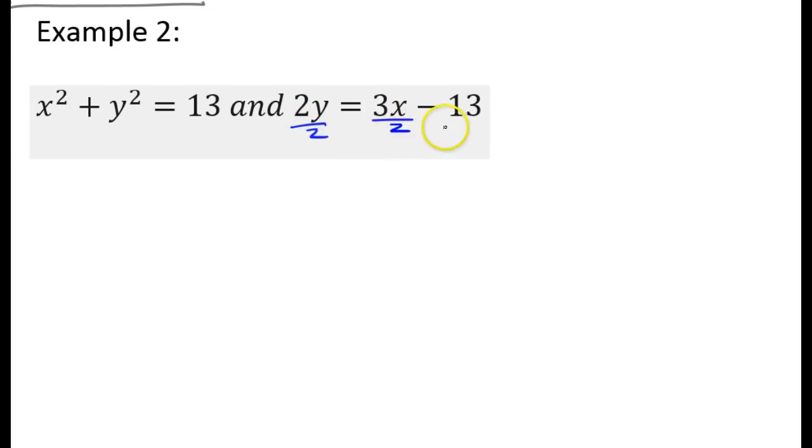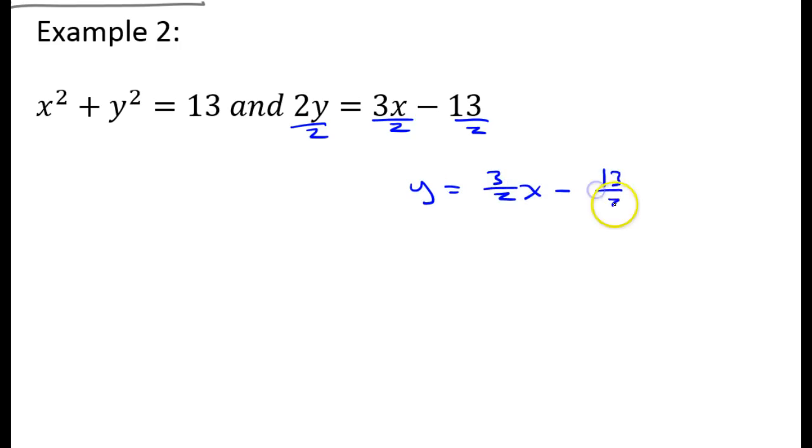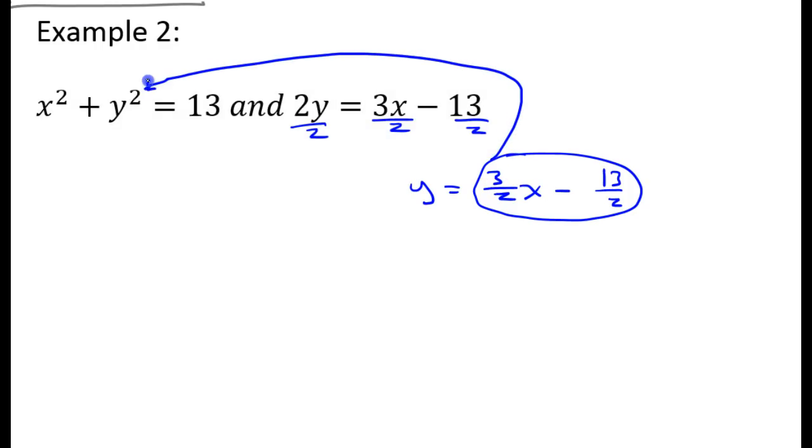So if I divide everything by 2, I'm going to get y equals 3 over 2 x minus 13 over 2. So I can take this and substitute it into the first equation.